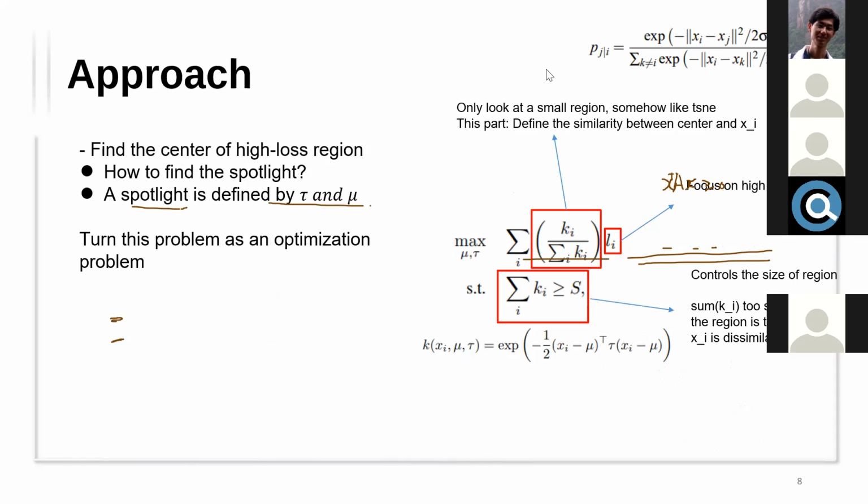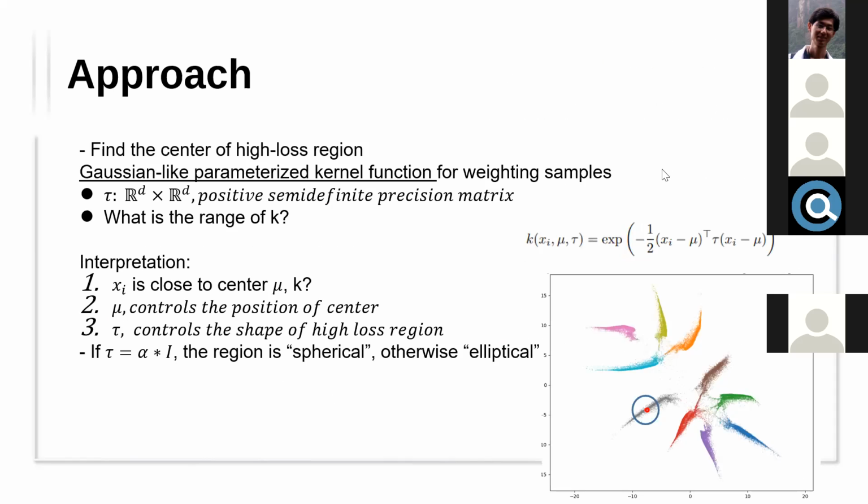I have a question, Xianglin. Back to the previous page. The last line said if tau equals alpha times I, where I is the identity matrix. It's basically a matrix form of alpha, right? Yeah, alpha is any hyperparameter.